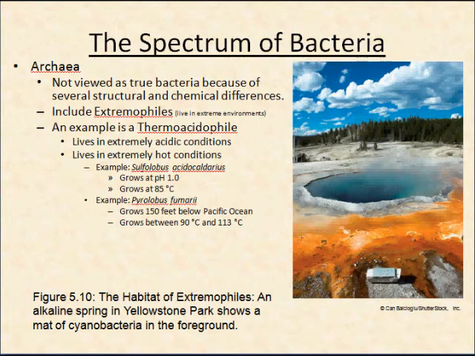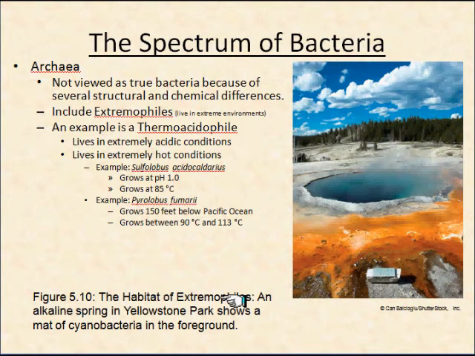Pyrolobus fumarii, which grows 150 feet below the ocean, so it's under extreme pressure, grows between 90 degrees Celsius and 113 degrees Celsius, which is actually above the boiling point, but because we have it under pressure, that water doesn't boil.